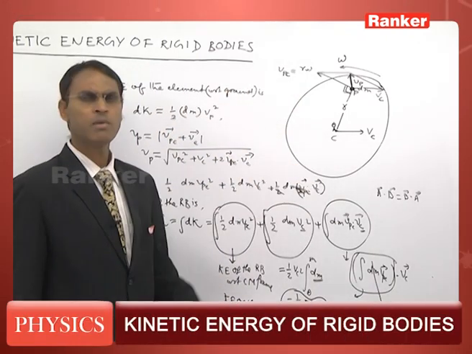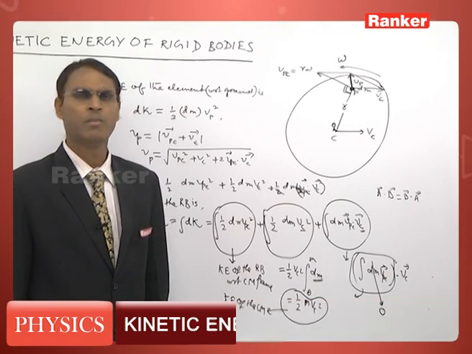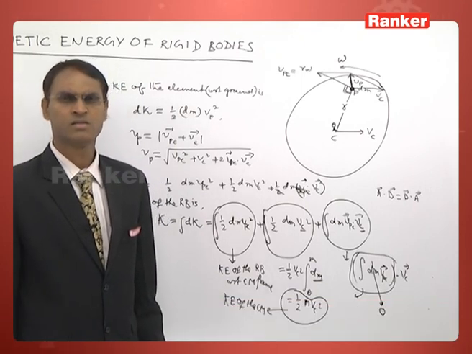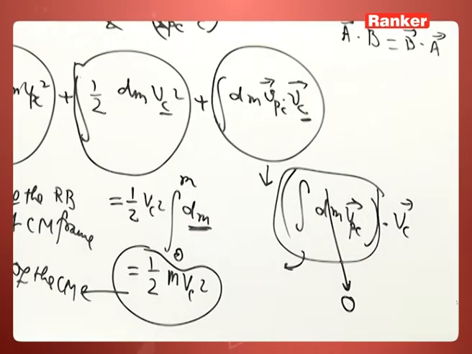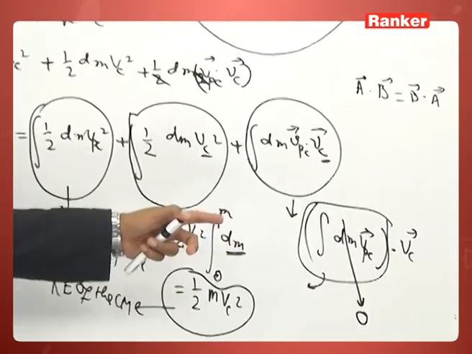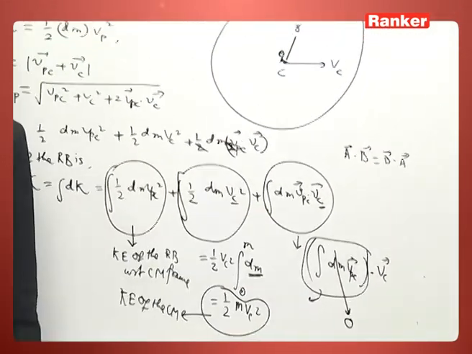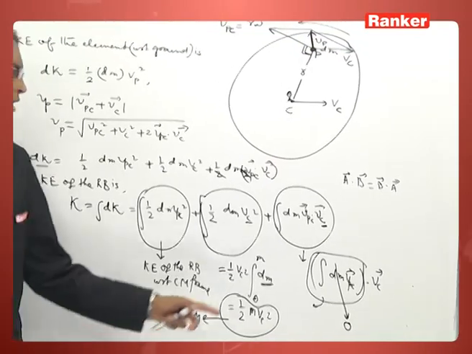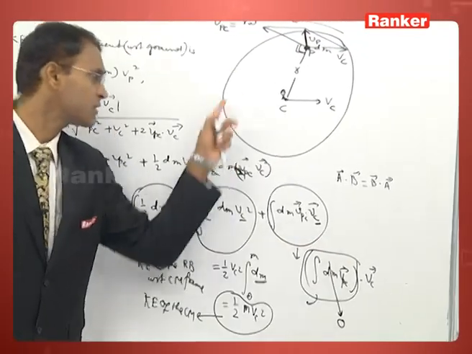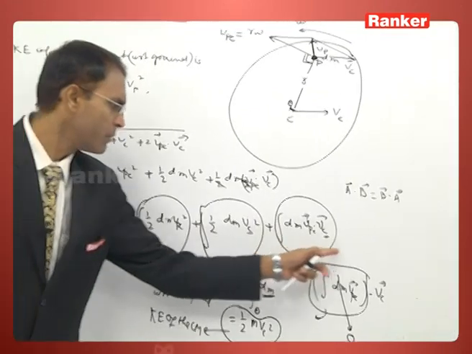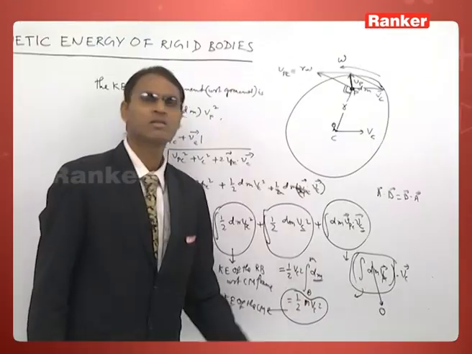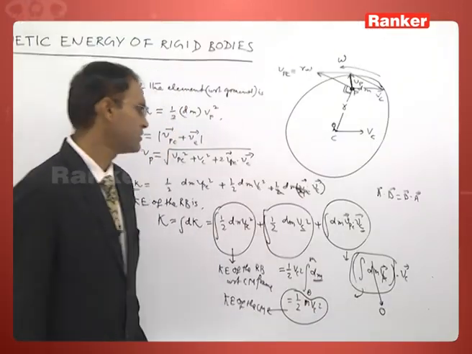With respect to the center of mass, the sum of moments of all particles of the system is always 0, whether it is a group of discrete particles or a continuously arranged particle system like a rigid body.